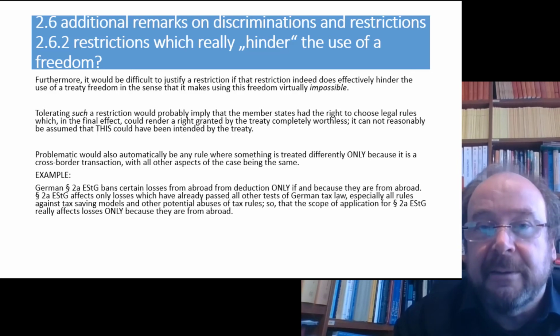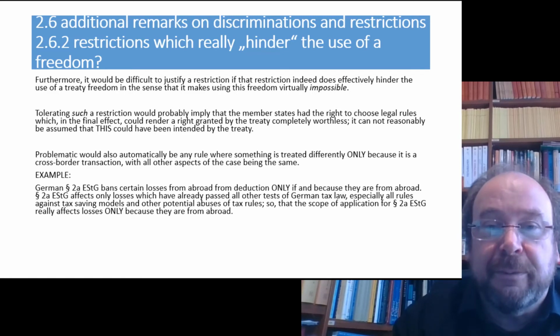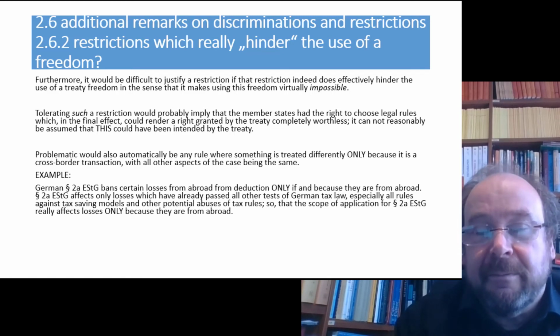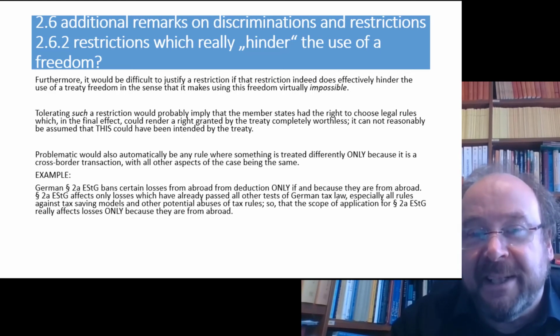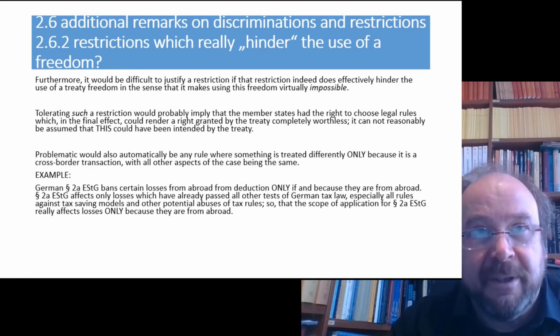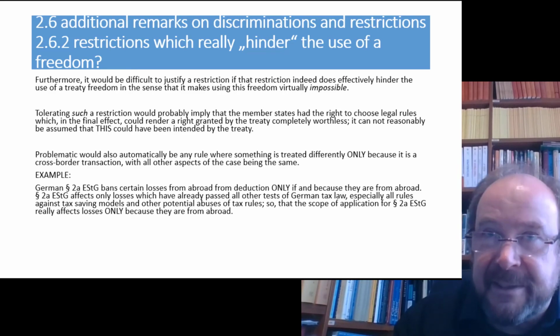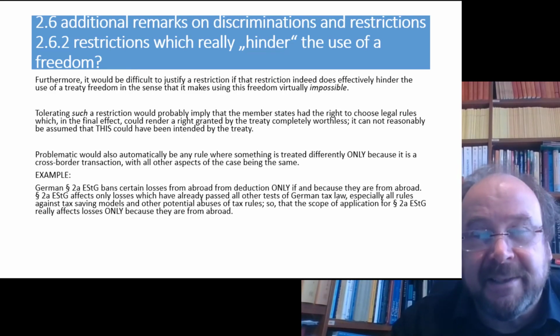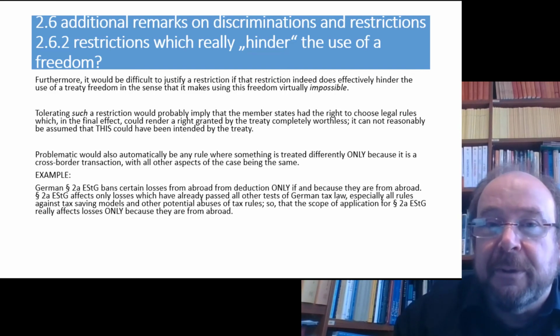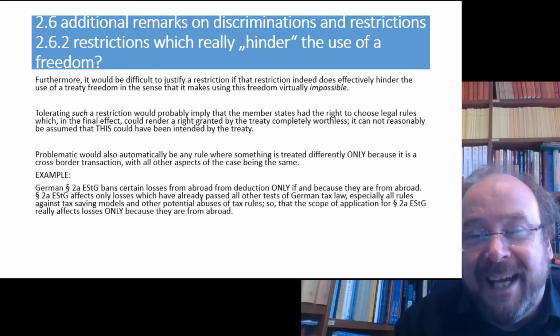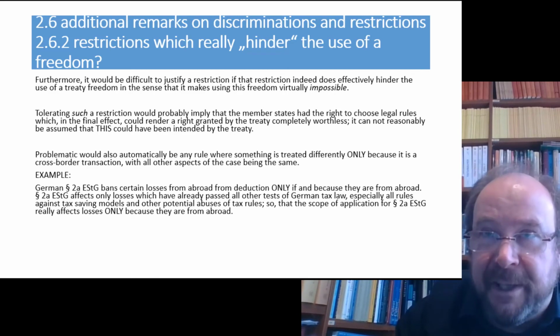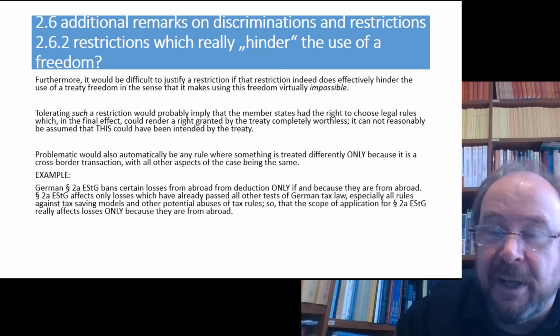Now 2A losses, well, the 2A application became only relevant if all other tests, tax abusive behavior, anti-tax saving rules against artificial losses and other things, if all these rules, which were justified by legitimate aims, had already been successfully passed, then the remaining losses could still be killed by 2A, just because they came from, let's say, France.